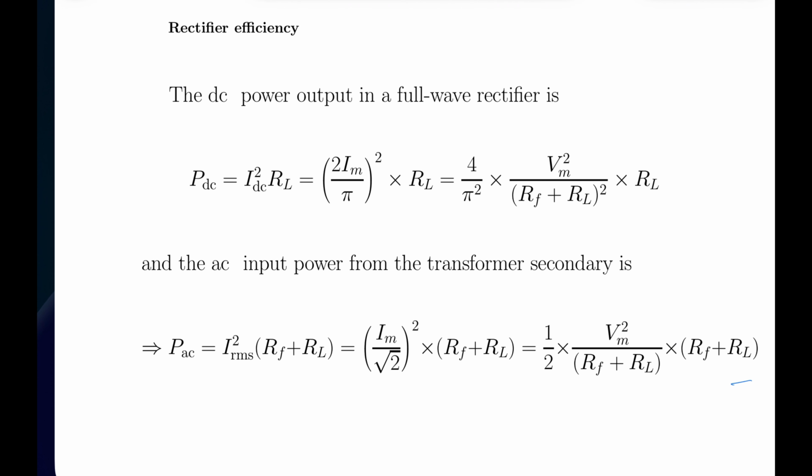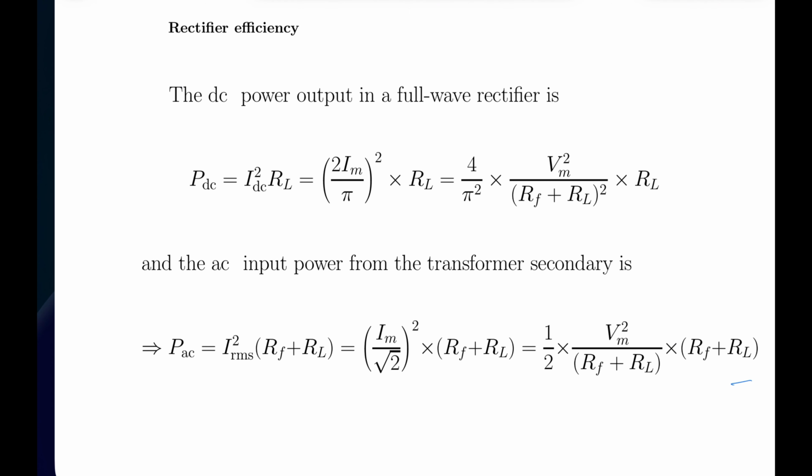And the AC power from the transformer secondary is PAC equal to IRMS square into (Rf plus RL). Put the value of IRMS, this is (Im by root 2) whole square into (Rf plus RL). For Im, we put here Vm by (Rf plus RL).